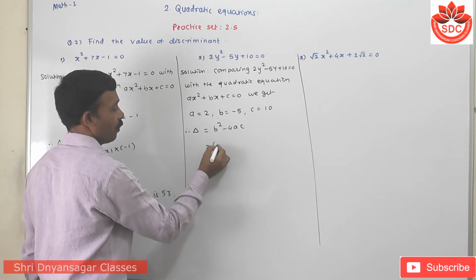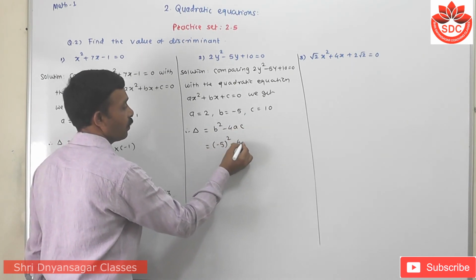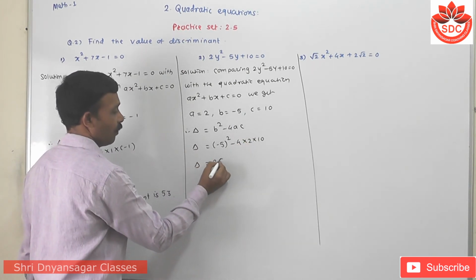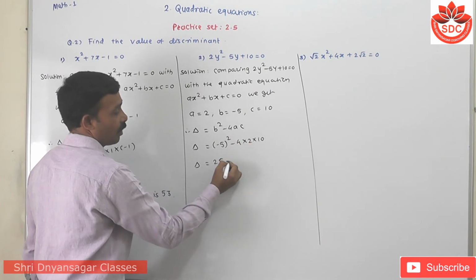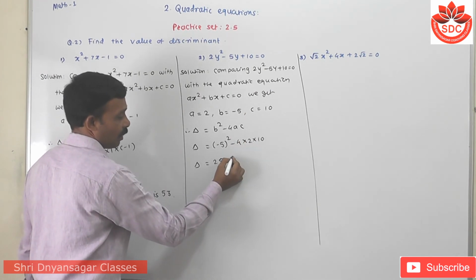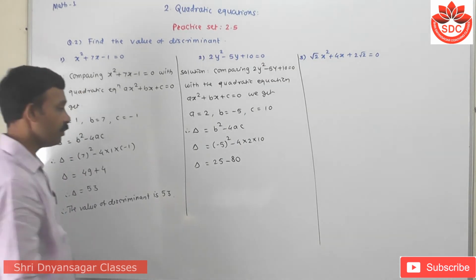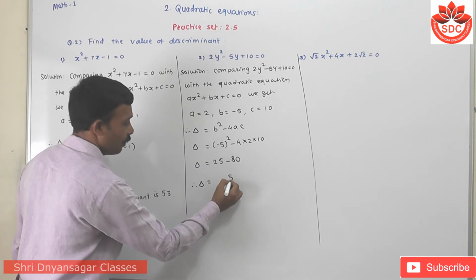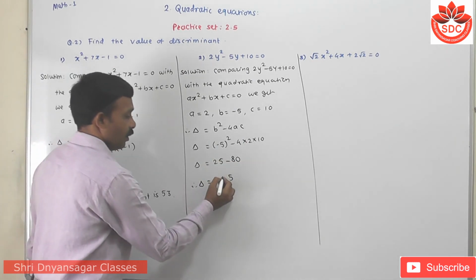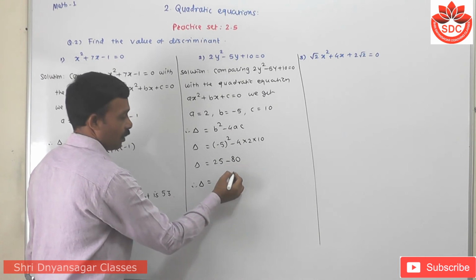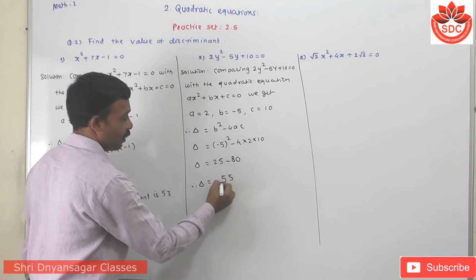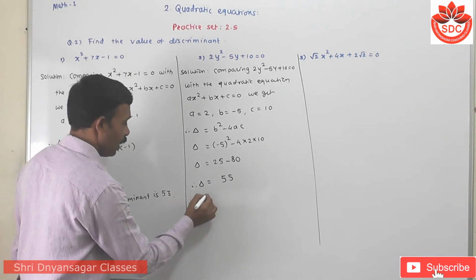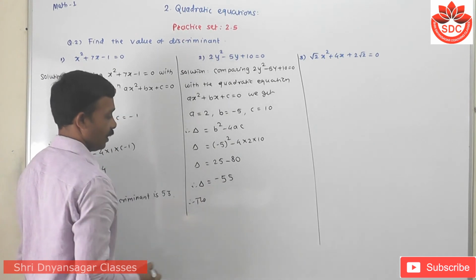Substitute the values here: minus 5 square minus 4 into 2 into 10. Therefore delta is equal to 25 minus 4 times 8, which is 80. Subtracting, the value is negative, since the bigger number has the minus sign.